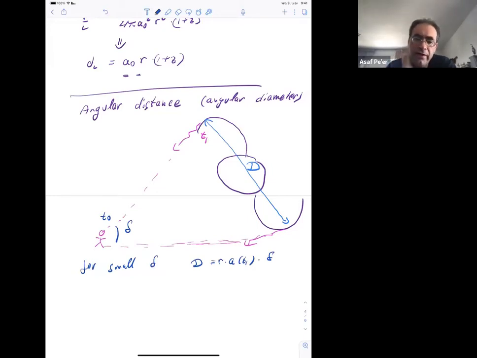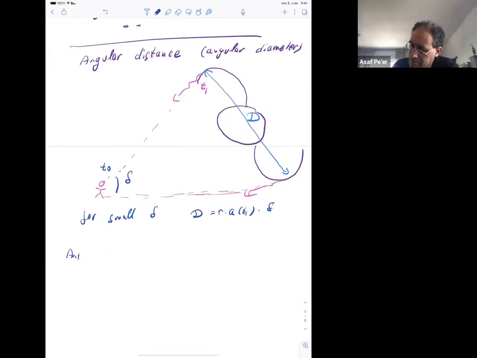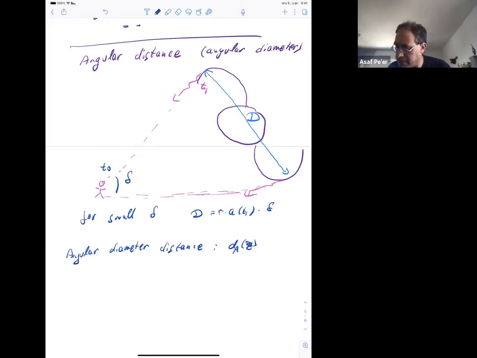So now we can define the angular diameter distance, which we denote by dA, which changes with redshift, via the relation delta is D over dA.